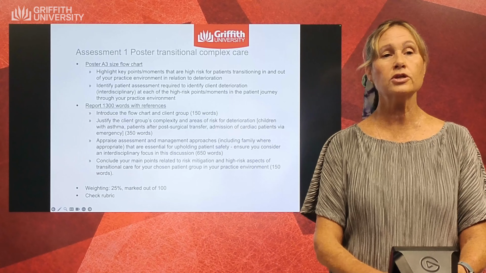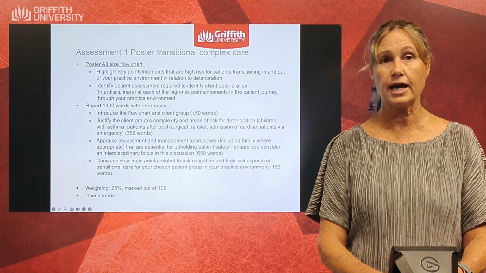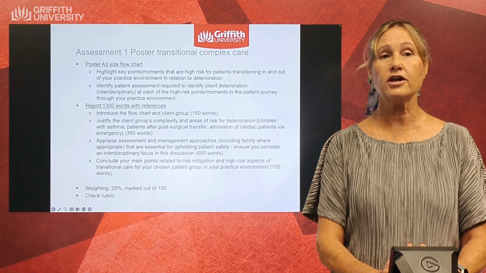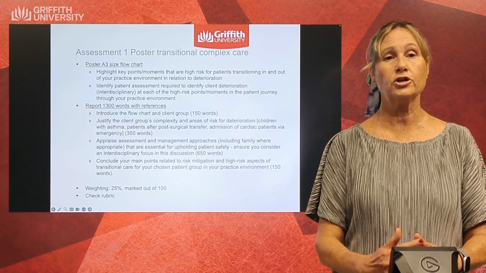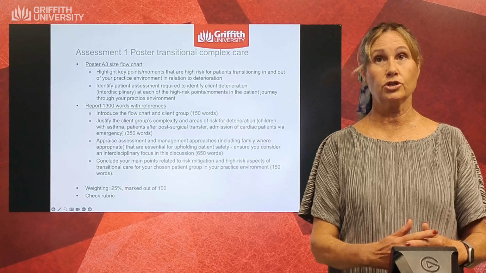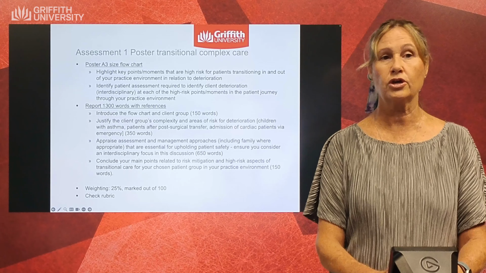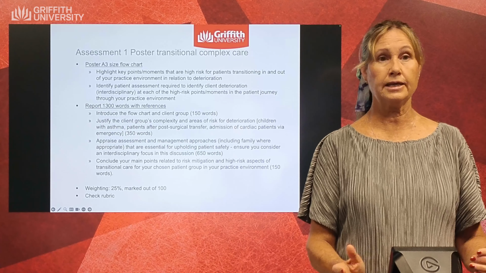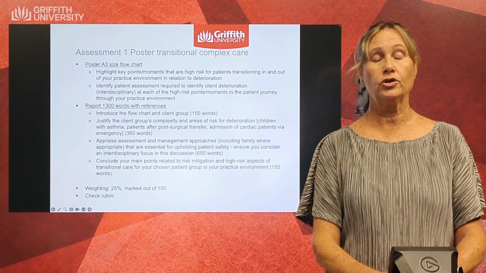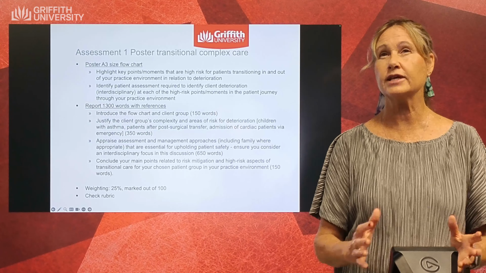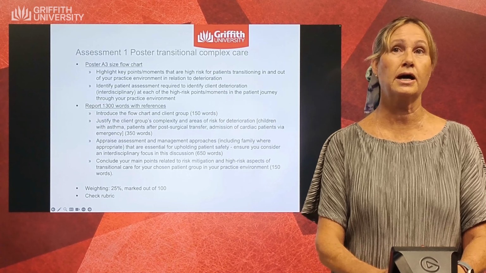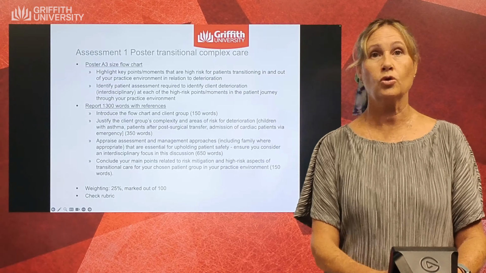Remember to introduce your flowchart and client group, justify the complexity, and then look at the assessment and management approaches, particularly the inclusion of family and thinking about the interdisciplinary team. And then conclude. This is only 25% of your marks, but it's a nice, easy way to start to build marks in this course.